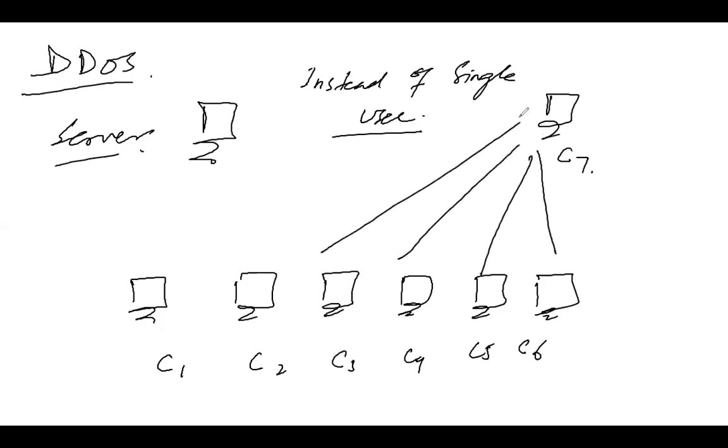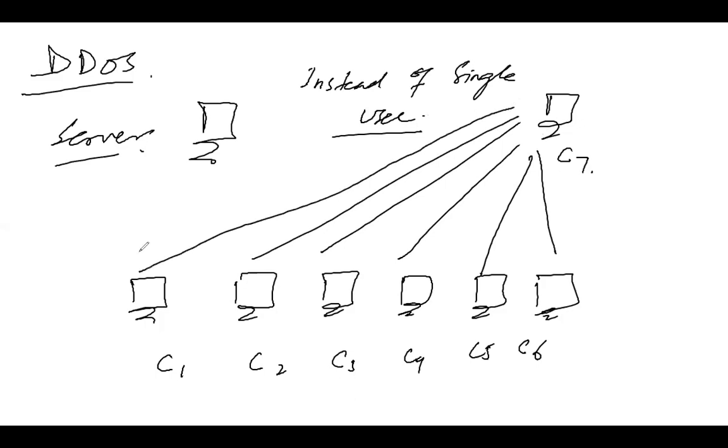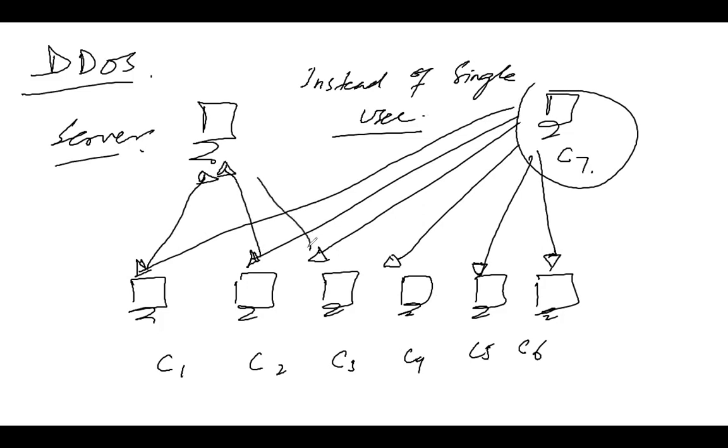And look at this, this is node number 7, who is calling all these users to send a request to the server. So he is telling all these users to send a request to the server, and based on this instruction, everyone is sending a request to the server.